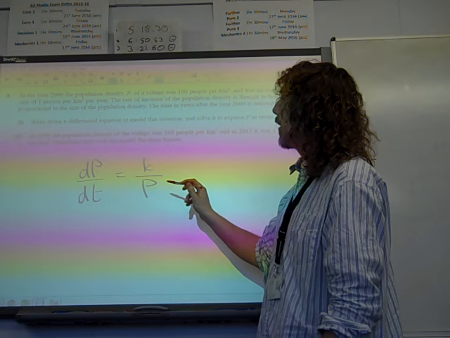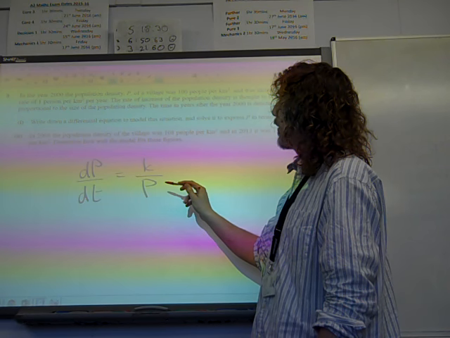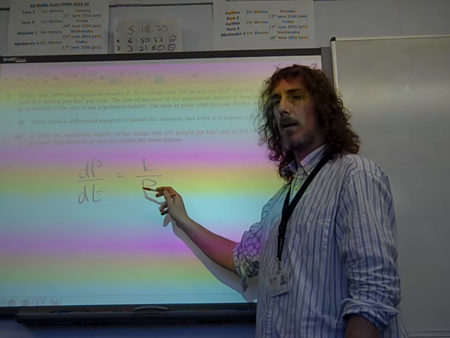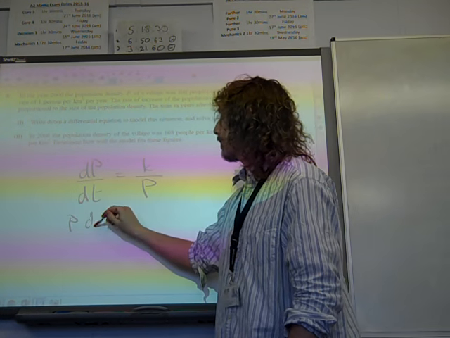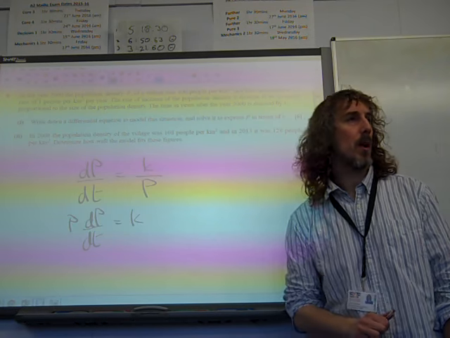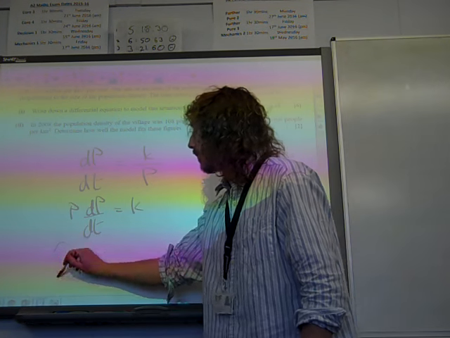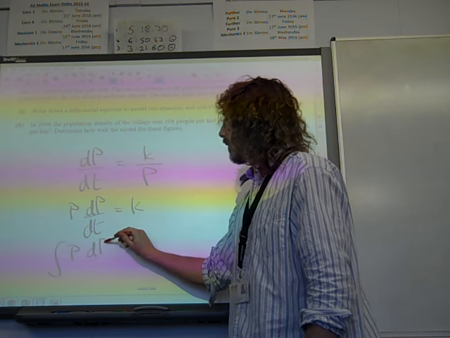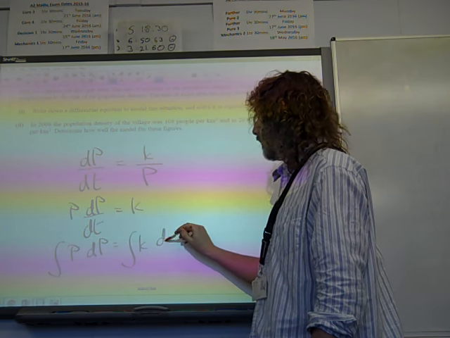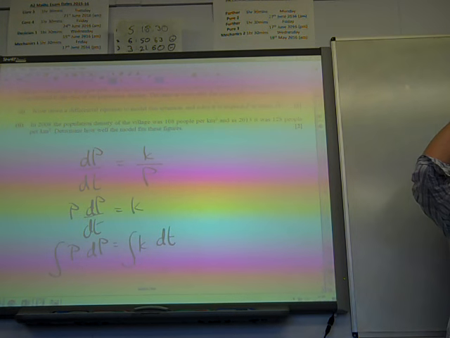So we're going to multiply through by p. So we get that. Now we're going to integrate both sides with respect to t, which gives us the integral of p dp equals the integral of k dt.